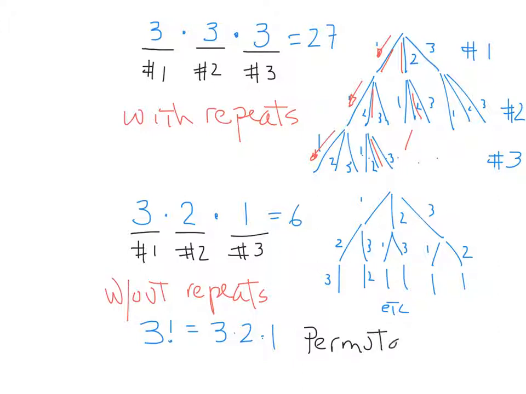And what that means is counting 3 things taken 3 at a time. In other words, you're using all 3 of them to make your combination lock or make your number. So there's 6 different numbers you can make with the 3 digits if repeats are not allowed, and there's 27 if repeats are allowed. Let's take a look on the next slide at some variations on this.